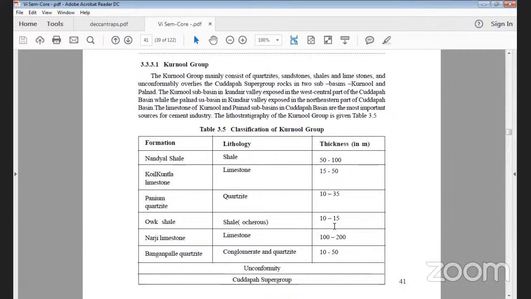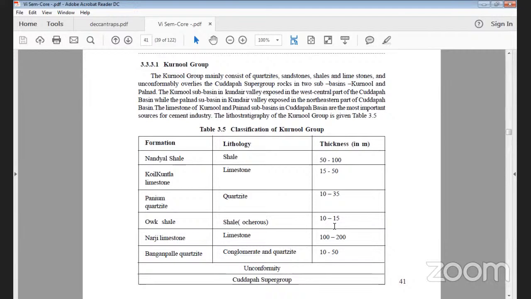The Kurnool subbasin is exposed along the Kunderu Valley in the western central part of Kadapa Basin, while the Palnad subbasin is exposed along the Kunderu Valley in the northeastern part of Kadapa Basin. The limestones of Kurnool and Palnad subbasins are the most important sources for the cement industry.